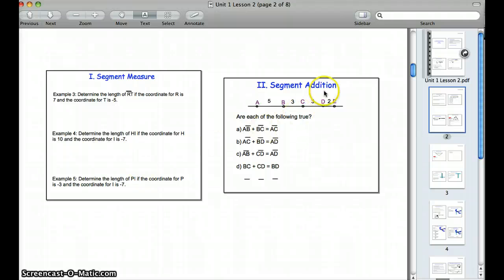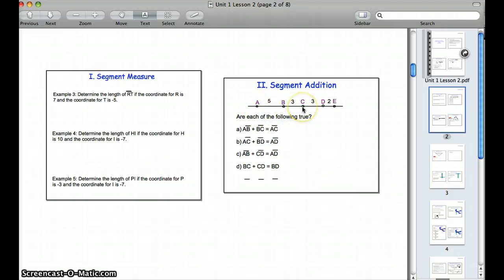Okay? So now we're going to deal with segment addition here. We've got AB plus BC equals AC. That's very simple. AB is 5, so 5 plus BC, which is 3, equals 8. So then AC must equal 8.